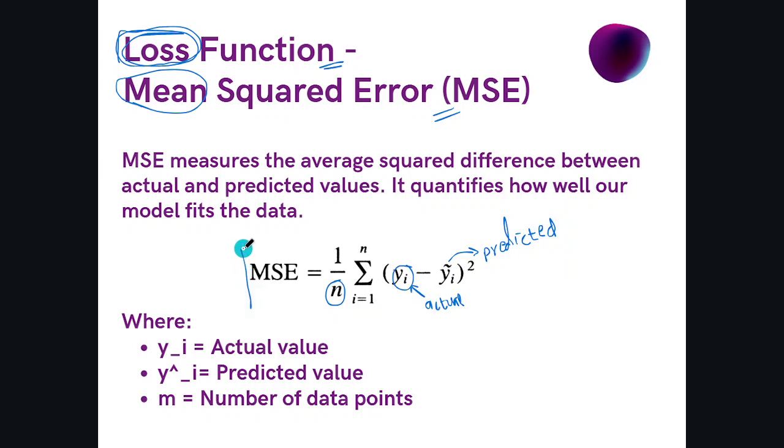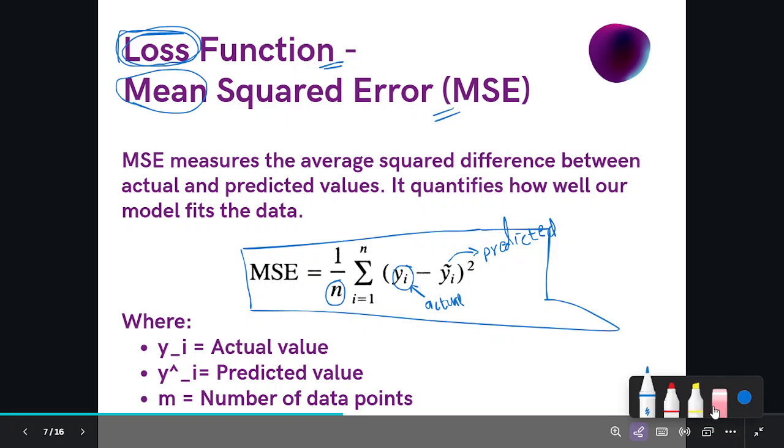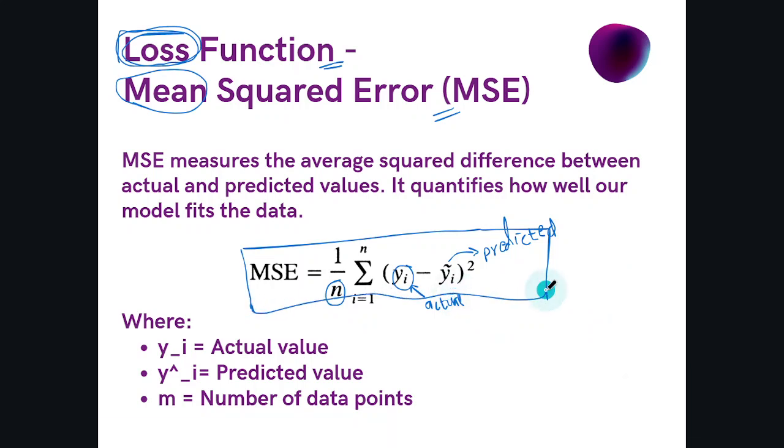It averages the square of the difference between the actual and the predicted value. I think you got the mean squared error whole definition and what actually mean squared error is.